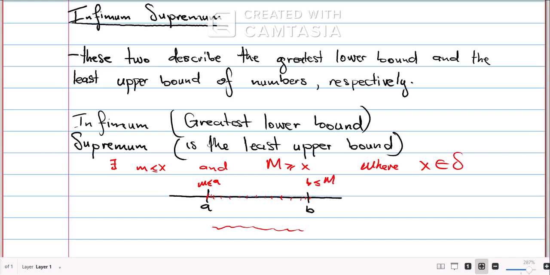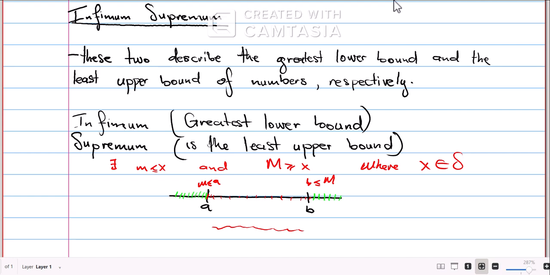So when we are talking about the infimum and the supremum, let's first look at the infimum. These are the lower bounds of this set, and these are the upper bounds of this set.